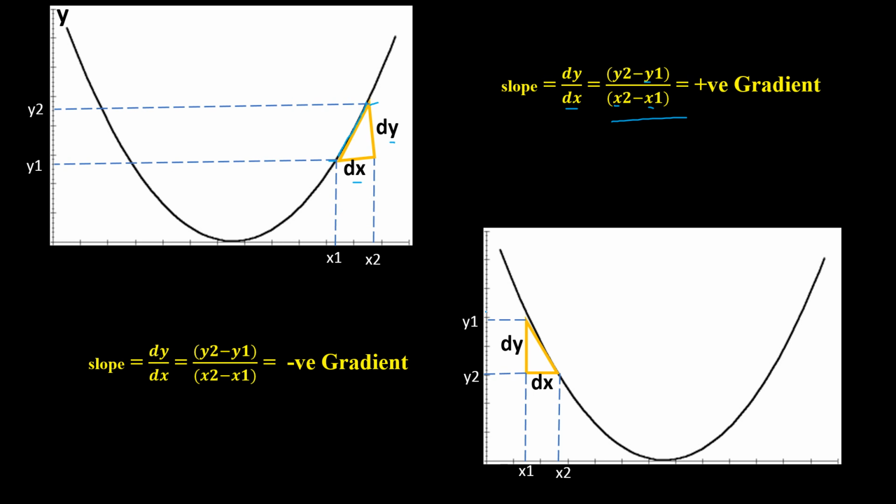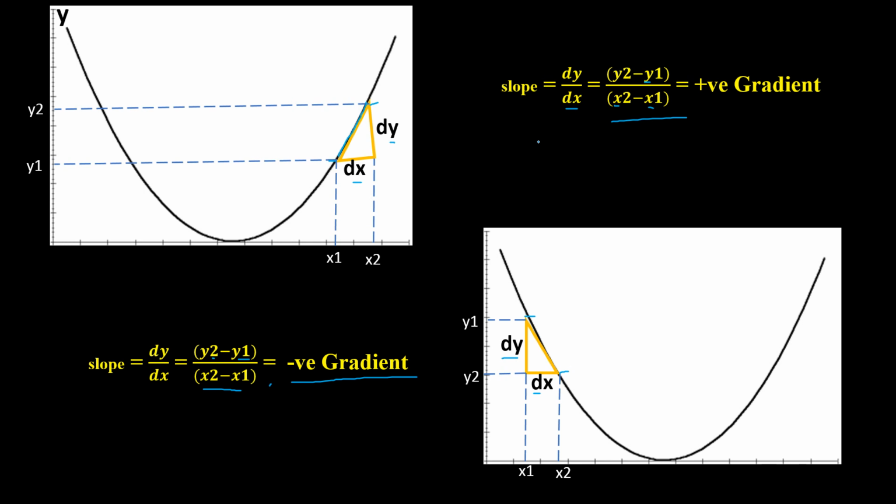Let's consider this other case. Here also we measure the gradient, the change in y with respect to change in x, so again y2 minus y1 over x2 minus x1. Here x2 is greater than x1, so that is positive, but y2 is less than y1, so that is negative. This gives a negative gradient, showing that the value is decreasing in this direction.